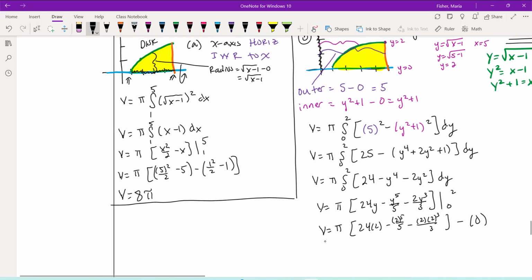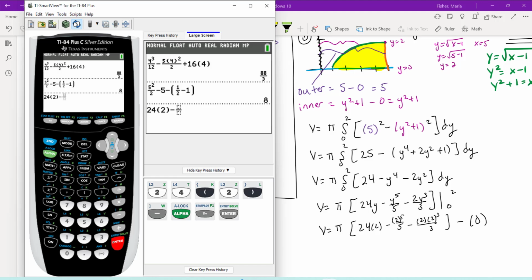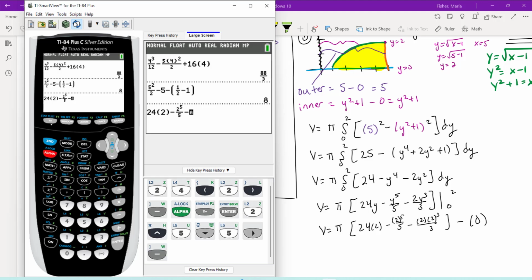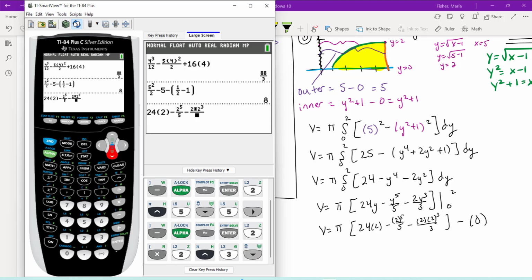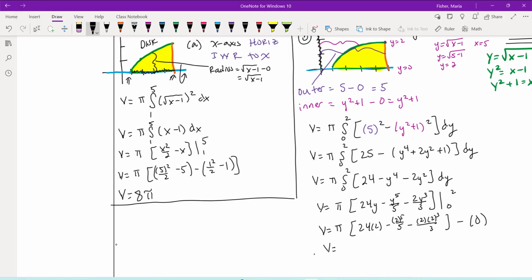Grabbing the calculator to put those numbers in, we'd have 24 times 2 minus 2 to the 5th divided by 5, and then minus 2 times 2 cubed divided by 3. Hit enter, and you get 544 over 15, so my volume here is 544 over 15 pi.